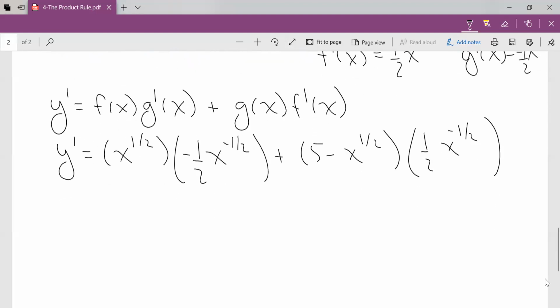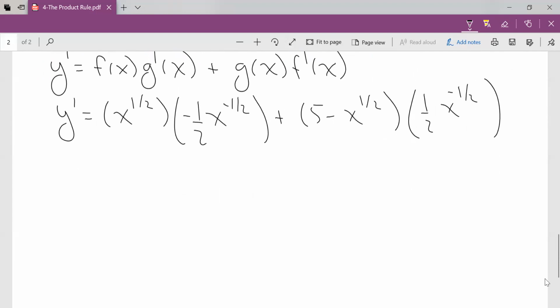On this one, we're able to do some factoring. And this is where students actually struggle with the product rule. It's not with the product rule itself, it's with the simplification of this thing. So first I'm going to do some factoring.